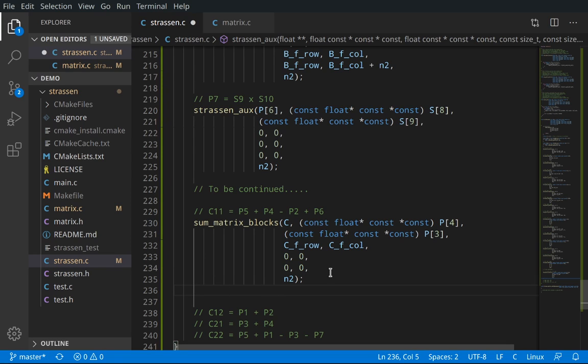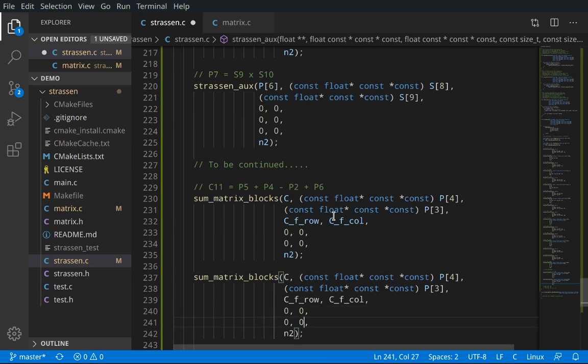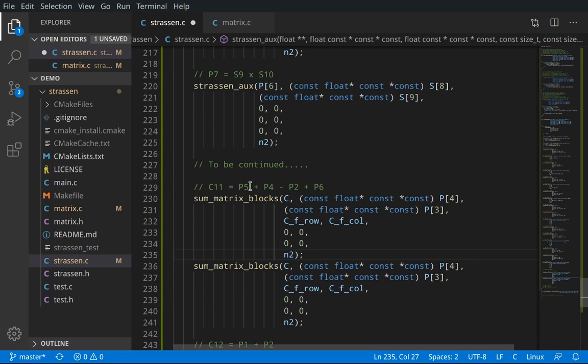Now we are missing the subtraction part, so let me go here. So now in C11 we have P5, P4, we have to subtract P2, so let me write here P1 because of the things we said before. So the array index starts from 0, so P2 is actually P1 in our code, and vice versa, of course. And we want to subtract P2 from C11, which is the sum of P5 and P4.